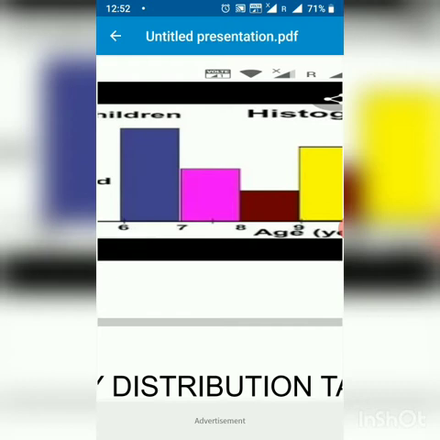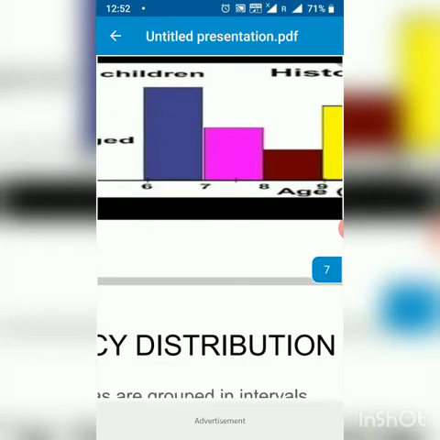In this class interval, 6 is the lowest value and 7 is the higher value, known as the lower limit and upper limit.